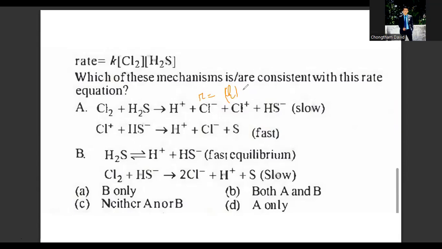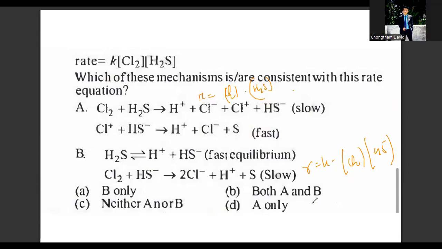So chlorine and hydrogen sulfide. Now if you consider option B, the slowest step, the rate would be written as K, chlorine and bisulfide. And for this equation B, right? We have this equation, hydrogen sulfide changing to hydrogen ion and HS minus.